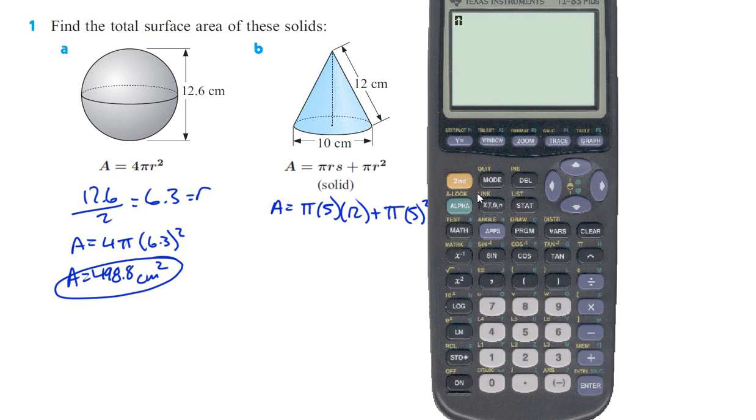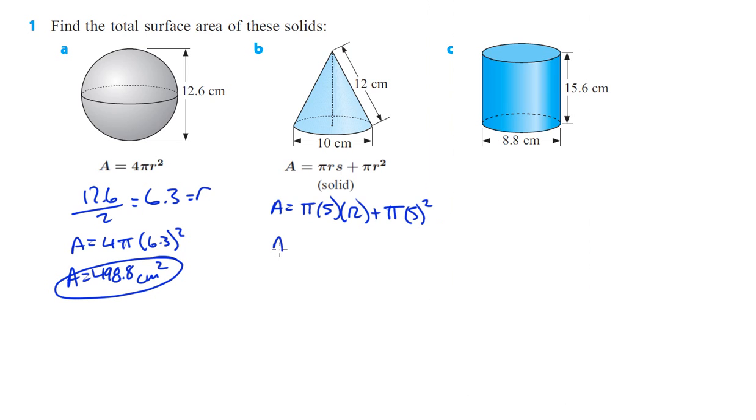So we've got pi times 5 times 12 plus pi times 5 squared. And that gives us 267.03, so we'll go with area is 267.0.